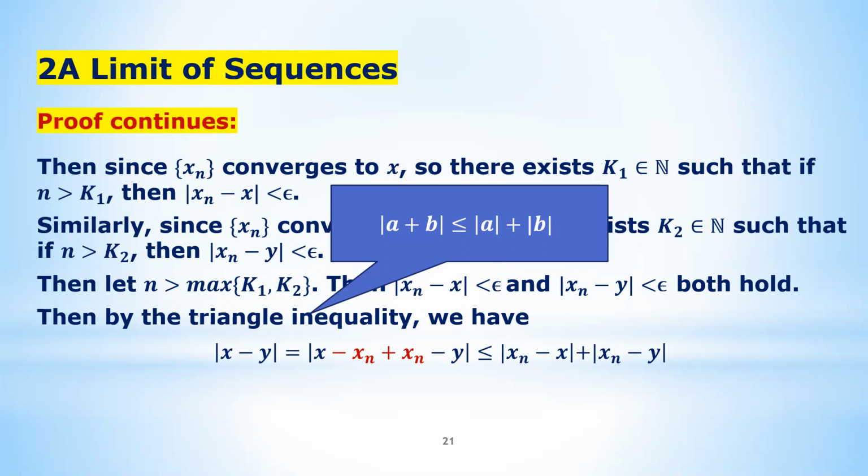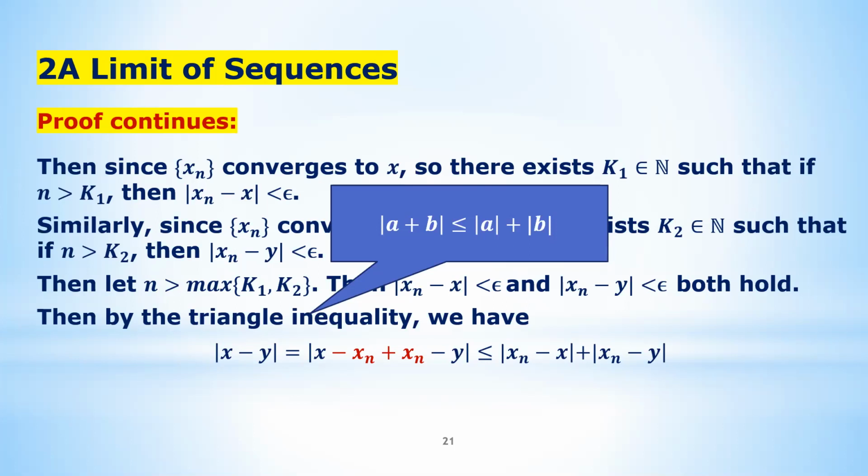And now in the second expression, I view x minus xn as the a in the triangle inequality, and xn minus y to be the b. Then you apply the triangle inequality, and you will easily see that it is less than or equal to |xn minus x| plus |xn minus y|, right?